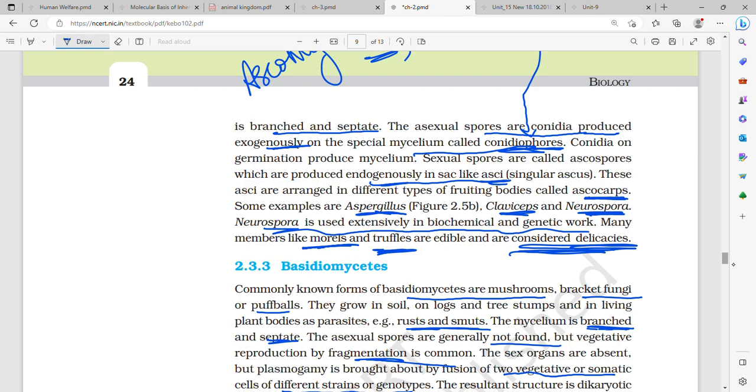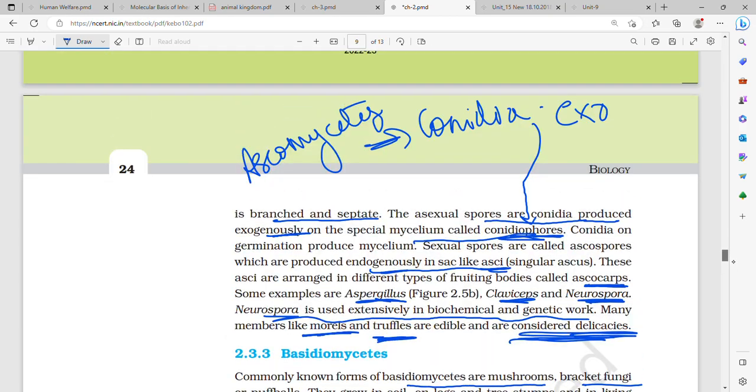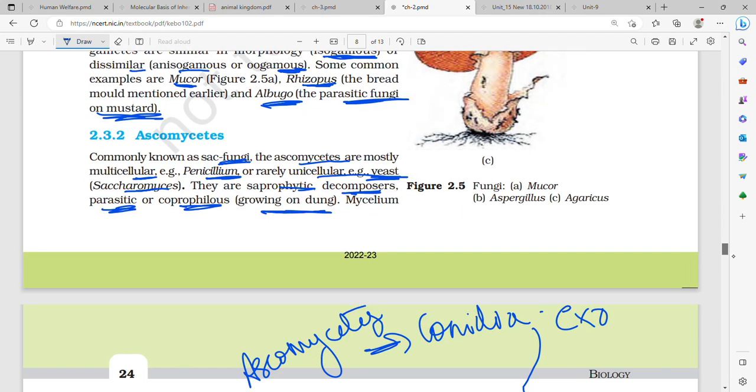Second examples are Claviceps and Neurospora. Neurospora is used extensively in biochemical and genetic work. And Aspergillus niger, which produces citric acid. And also Penicillium, which produces the antibiotic penicillin, and yeast, Saccharomyces cerevisiae.